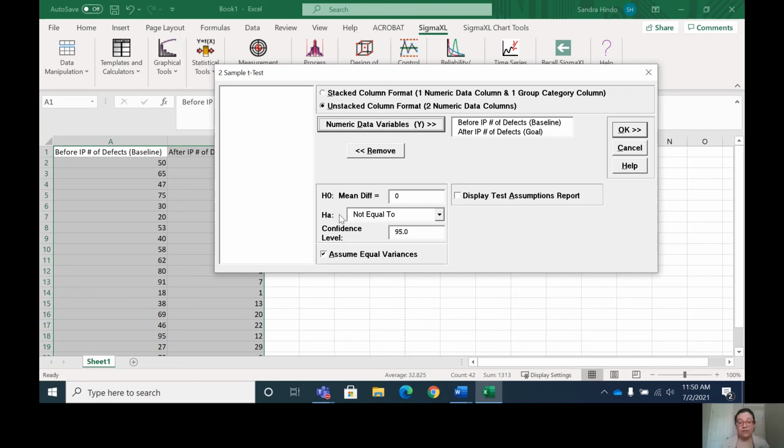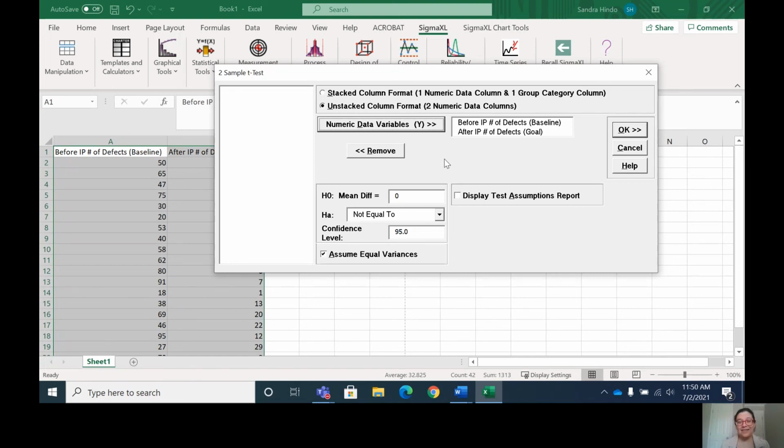Your alternative, HA, is the one that always states that your before improvement plan numbers do not equal your after improvement plan numbers. Your two columns do not equal each other.